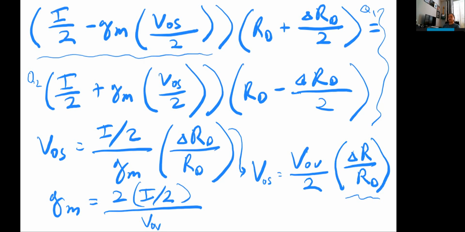So those are conflicting requirements. So as part of designing an op-amp, I'm going to have to look at the optimization point between the overdrive voltage at which I operate, or the range of overdrive voltages that I operate at, and the output offset voltage. So that's good insight there.